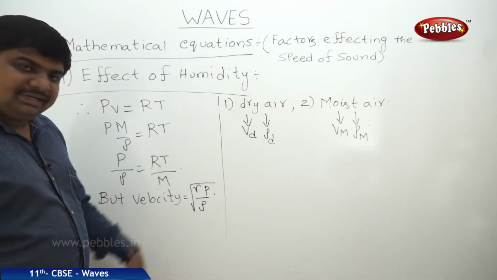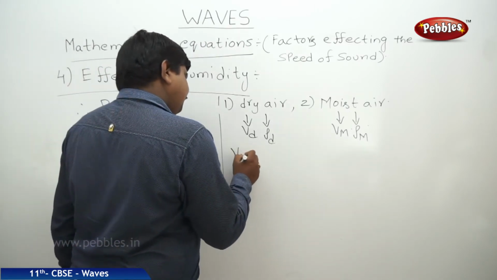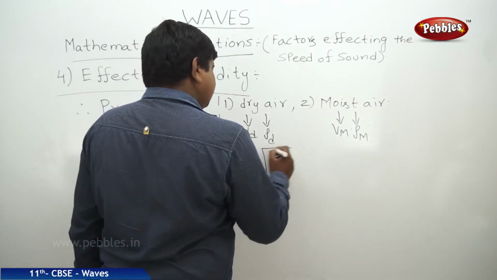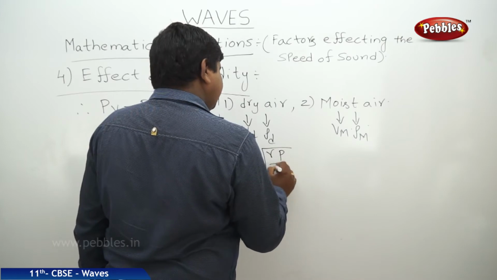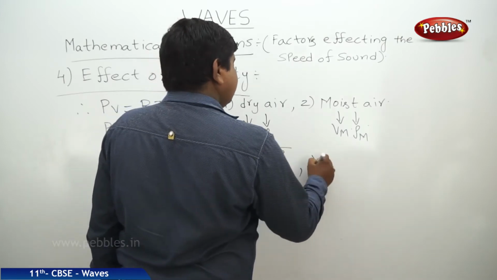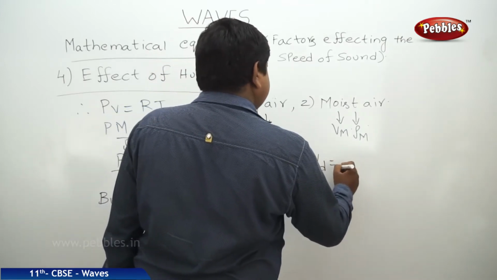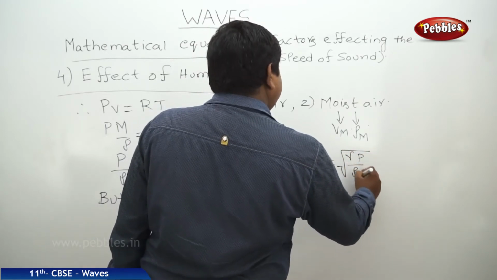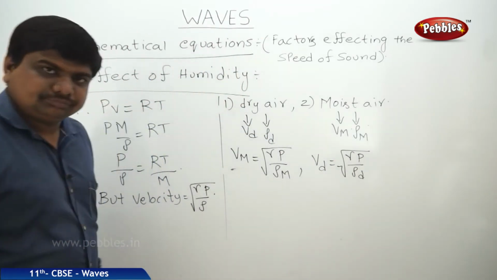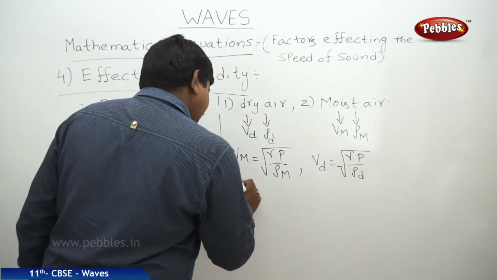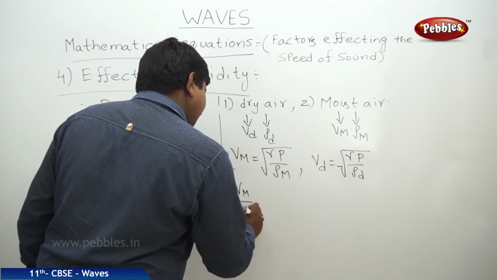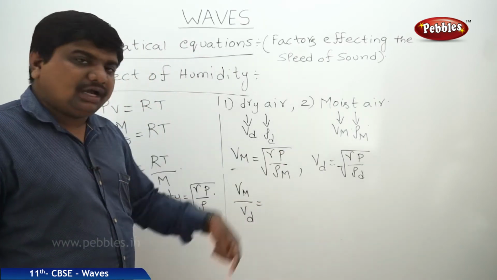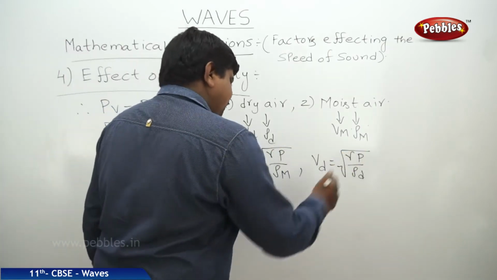So if you see the equation, Vm is equal to square root of gamma P by rho m, and Vd is equal to square root of gamma P by rho d. So Vm by Vd is equal to square root of rho d by rho m, because gamma P gets cancelled.